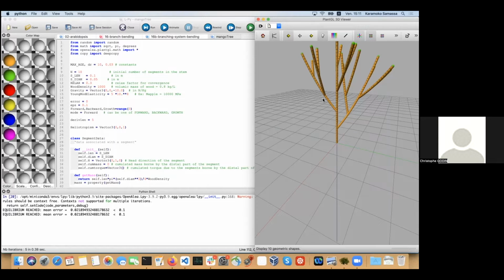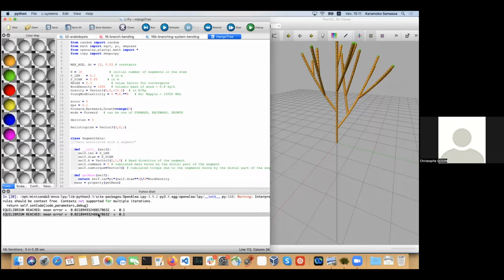So the step where I am now is here. I can have my whole tree, but the gravity is not applied yet. We can see here I came directly with an error which is smaller than the minimum error I give for the deformation.